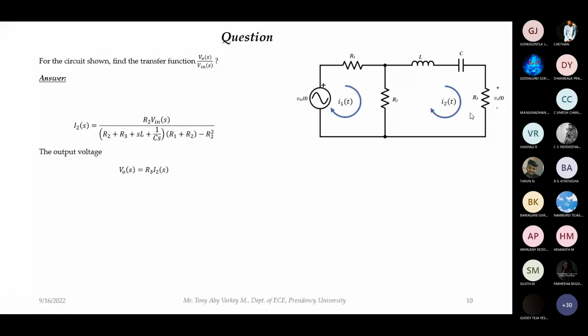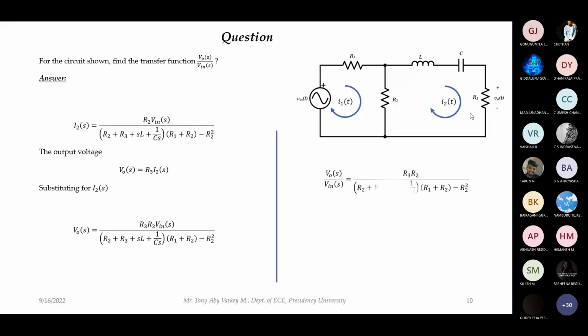Now I can substitute for I2, correct? So V output of S is equal to R3 into R2 V in of S divided by R2 plus R3 plus SL plus 1 by CS into R1 plus R2 minus R2 square. From this, I will get an expression for V output of S by V input of S, correct? So this is the transfer function of this particular circuit.